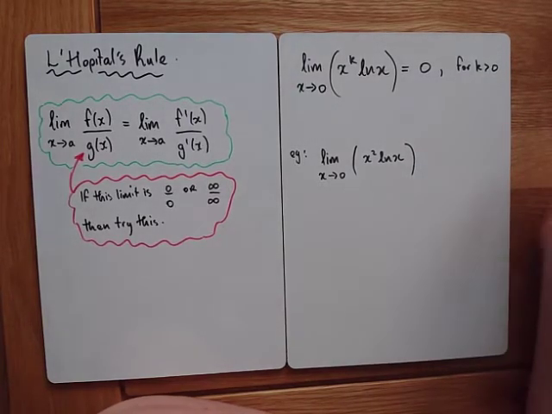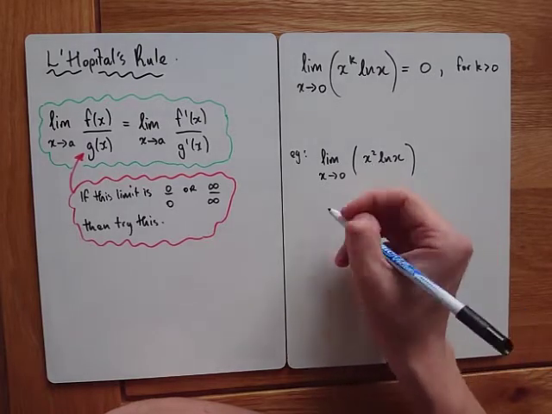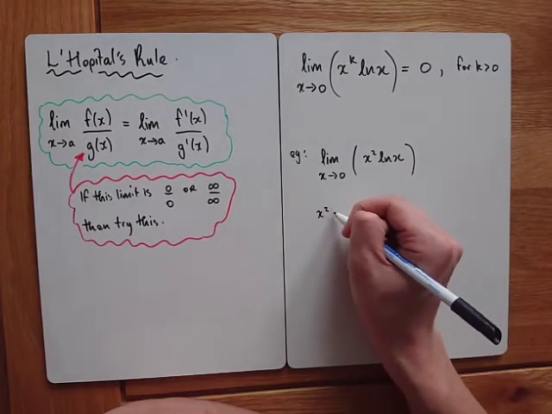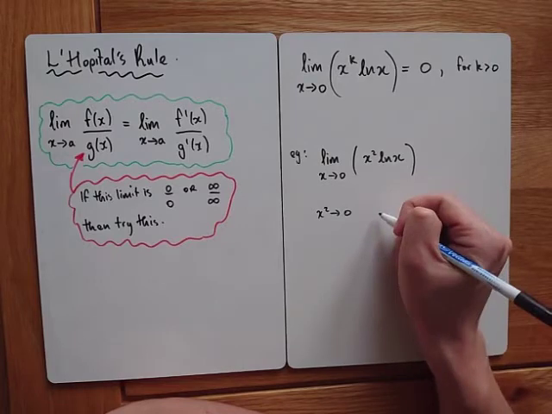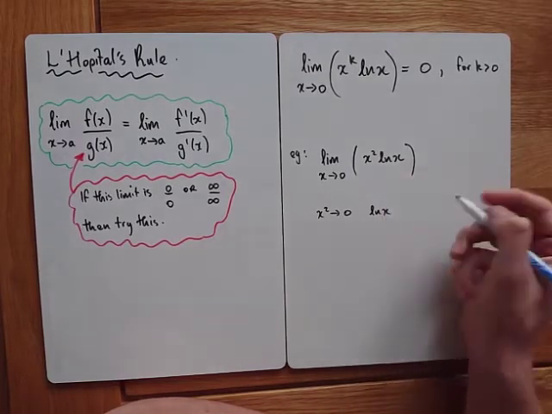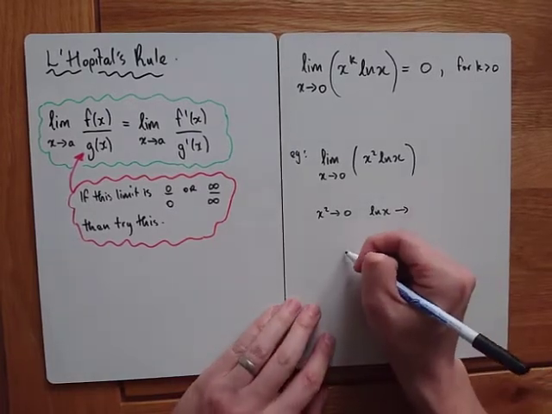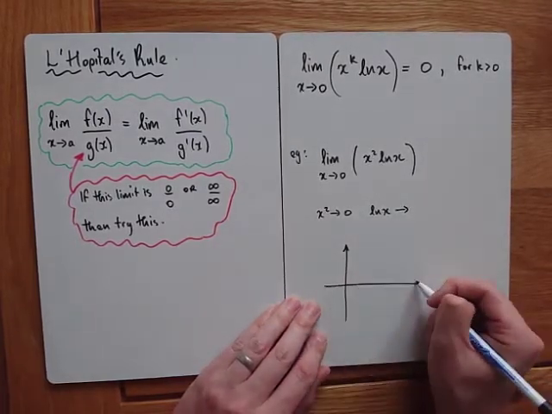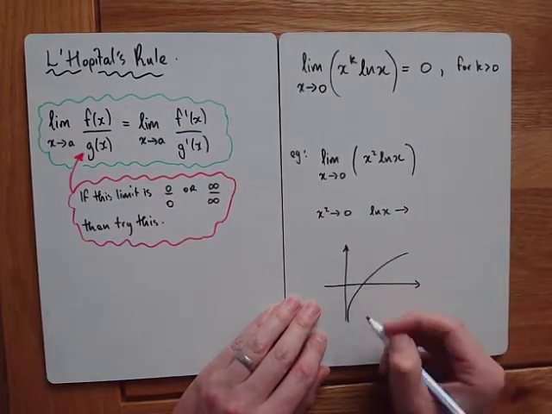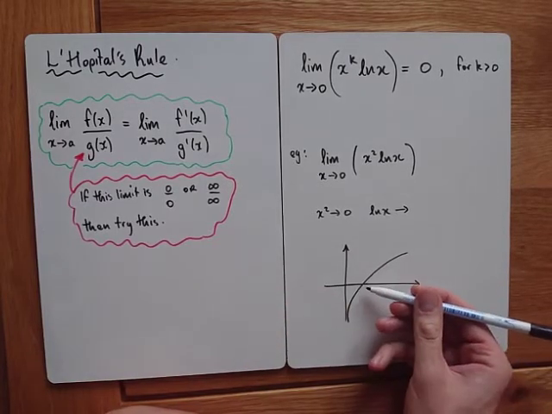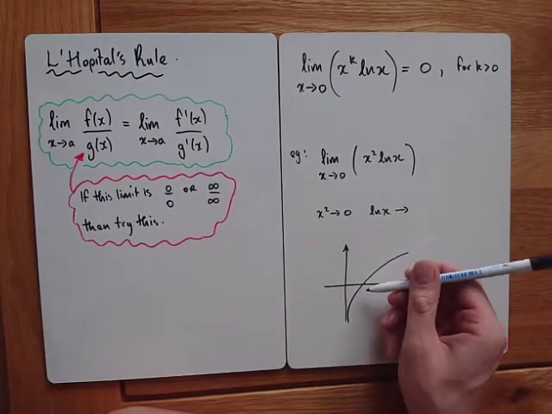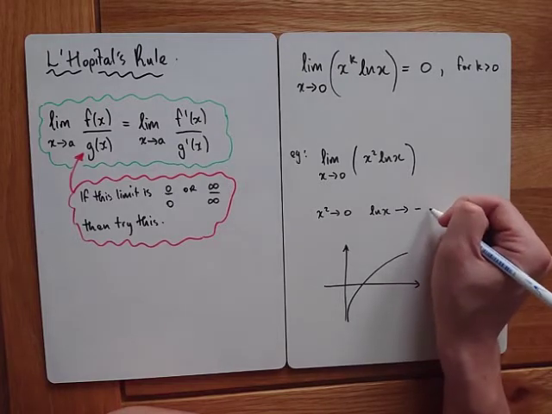you can't just evaluate this, because if you break it down and think about it, as x tends to 0, x squared tends to 0, but ln x does something weird, doesn't it? As x tends to 0, if you think about the log graph, as x tends towards 0, the log graph tends towards minus infinity.